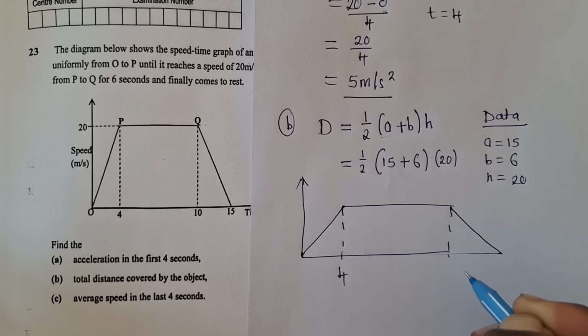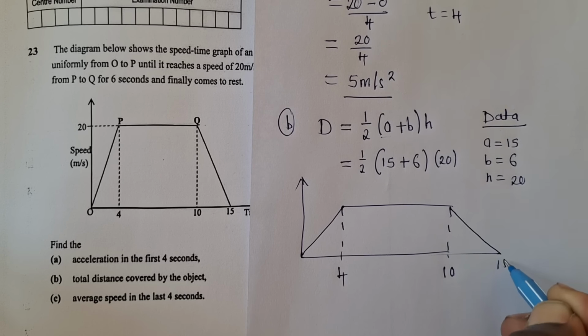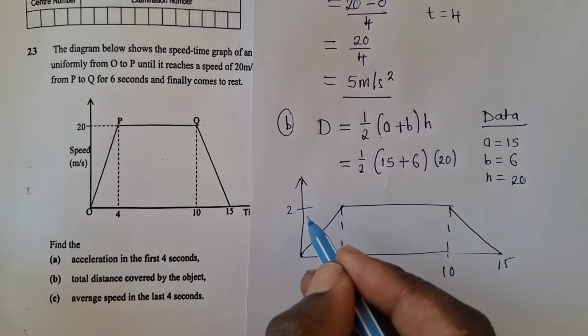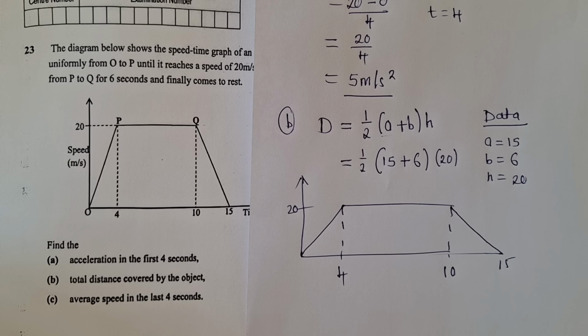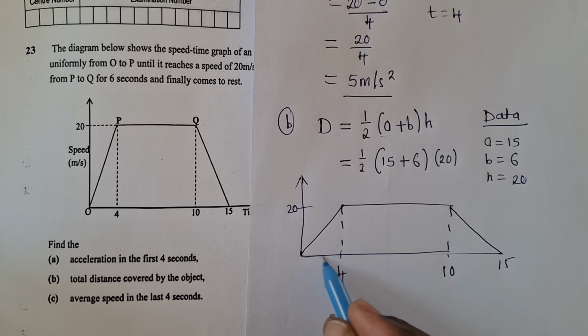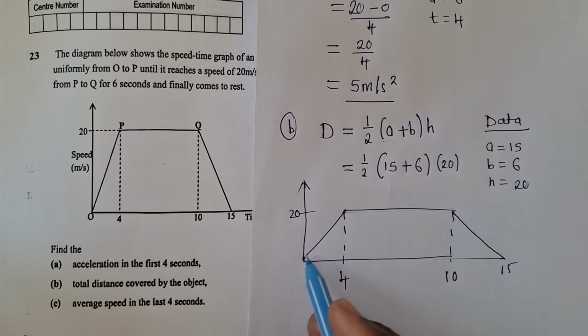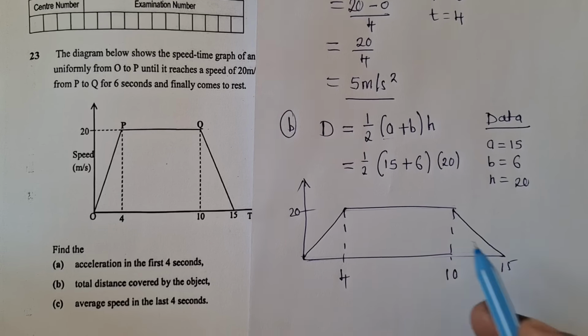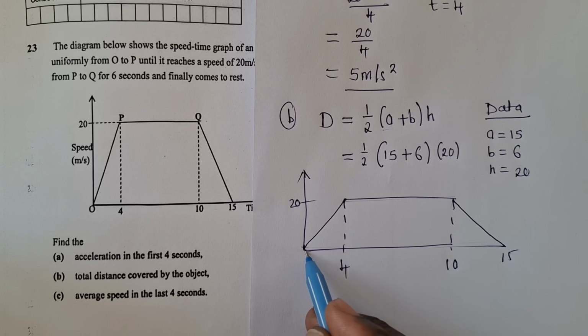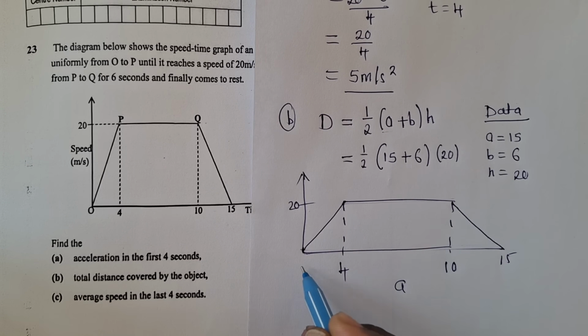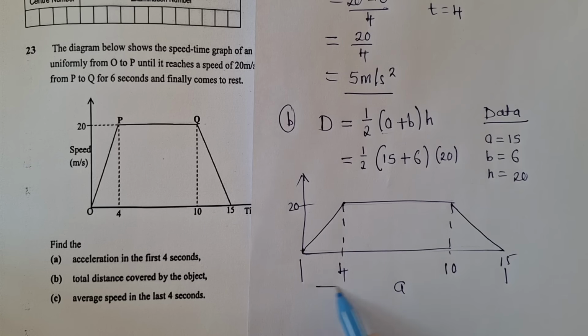So this is how our diagram looks. There's 15 here, and there is 20 here. So, guys, for a, can you see these two parallel lines of a trapezium? This and this. One of them must be your a, the other one your b. So in my case, I said this is my a. So my a will be the distance from here to here. Can you see?